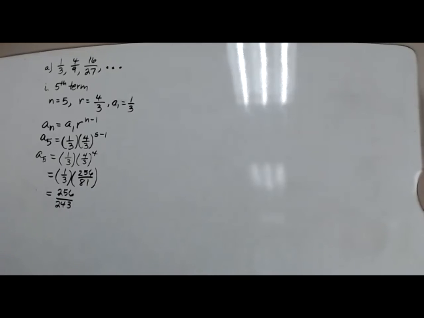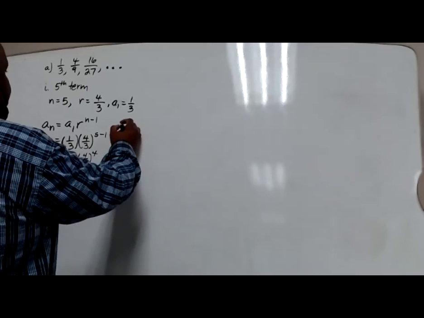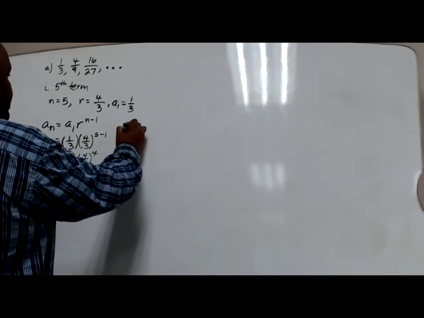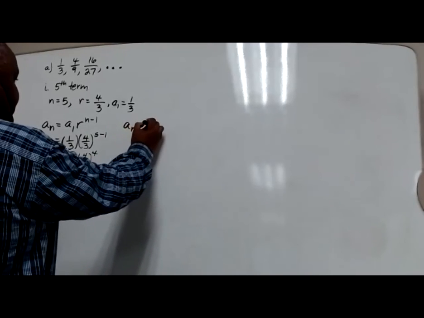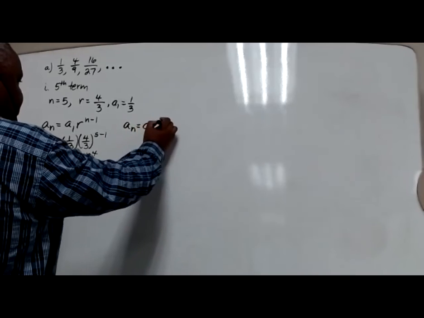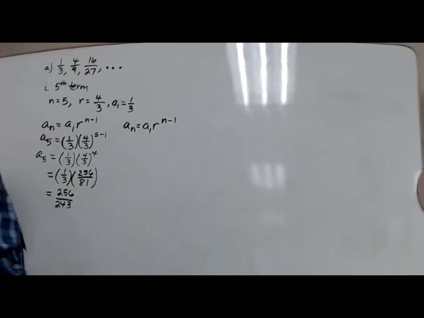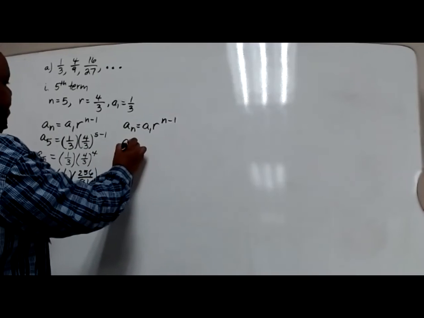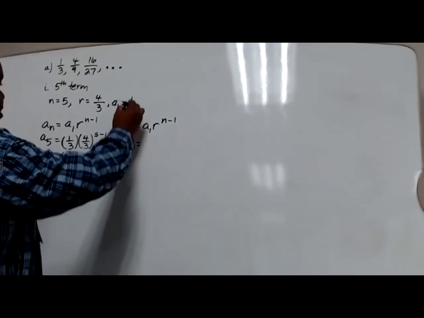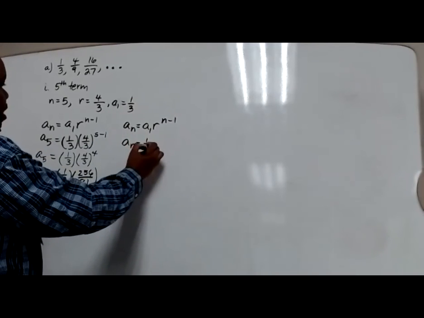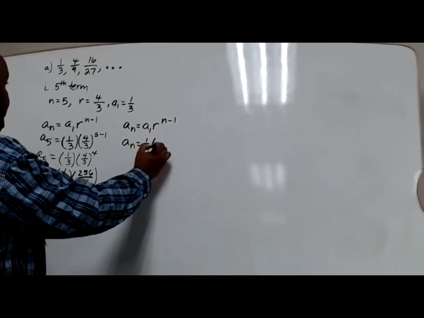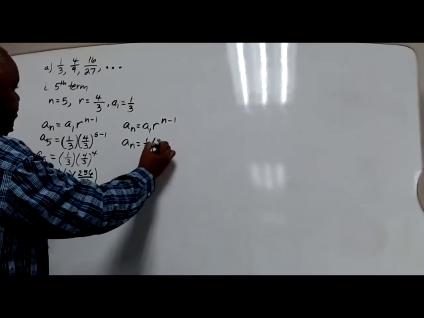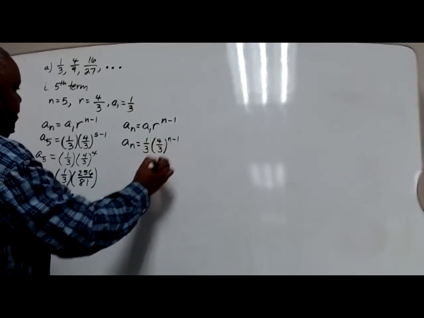And then part two is finding the nth term. Again, a sub n is going to be a sub 1 times the ratio r raised to the n minus 1. The only thing we substitute here is a sub 1, which is 1/3, and your r, which is 4/3, raised to the n minus 1.